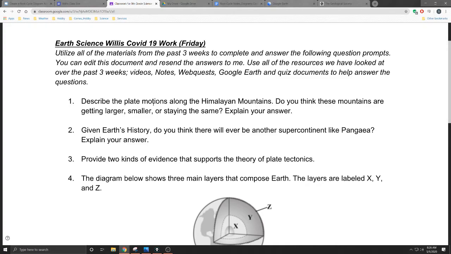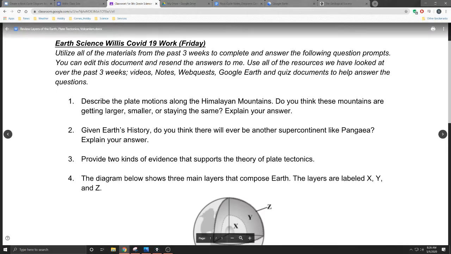There are constructive and destructive things going on there, but overall, the Himalayan mountains are still getting taller, though that is being mitigated by the downward movement of material along the mountain range itself, namely snow and glacial ice. So that's our answer to number 1: it's getting larger. There's going to be an overall growth in those particular mountains.